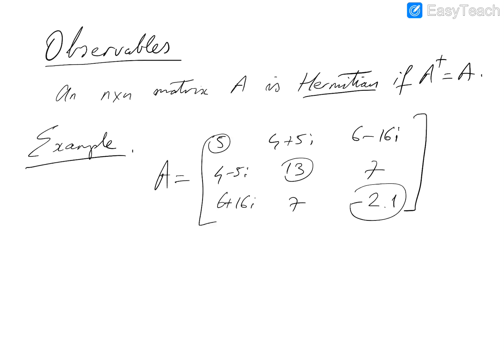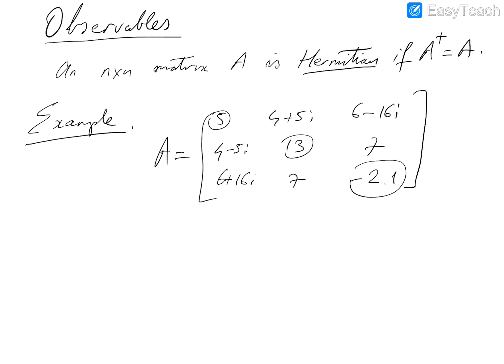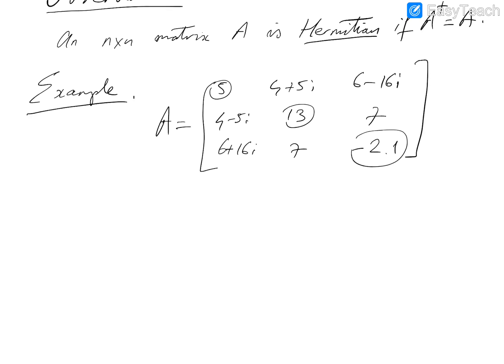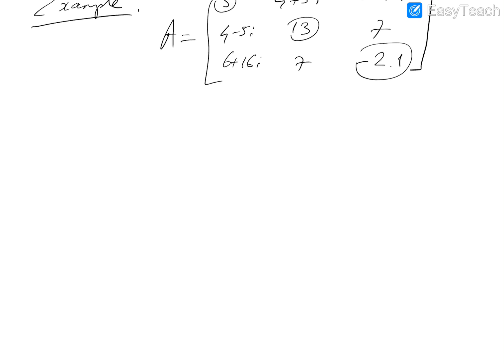Because we're taking the self-adjoint, the transpose conjugate, and so that means the diagonal entries must all be real values. Okay, all right, so we have a couple of properties of Hermitian matrices. The details are given in the lecture notes, but let me write them as propositions.